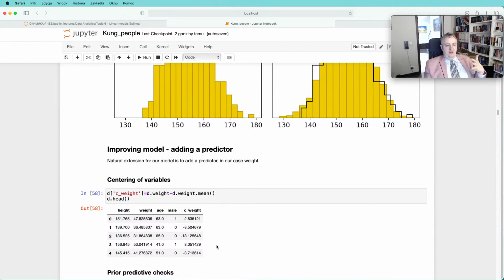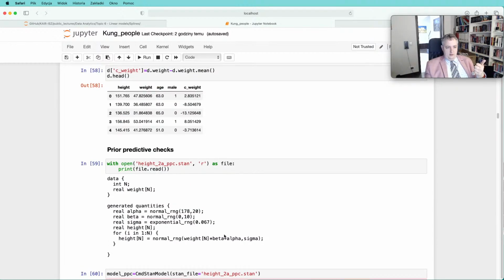So we get centered values, so that a weight of 0 corresponds to an average weight. Why is that useful? This is useful because it is easy to interpret our intercept coefficient of our linear model, so the alpha coefficient, will be the average height for the people of average weight.